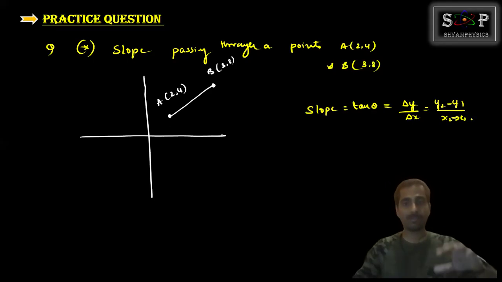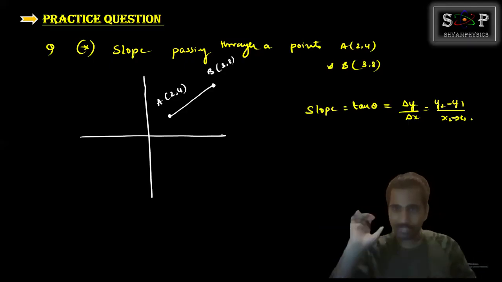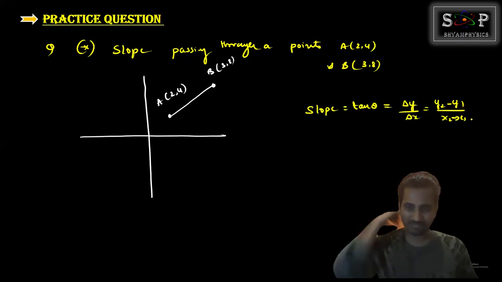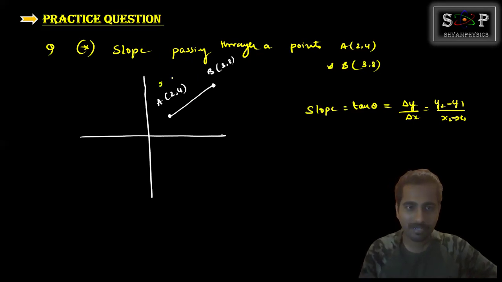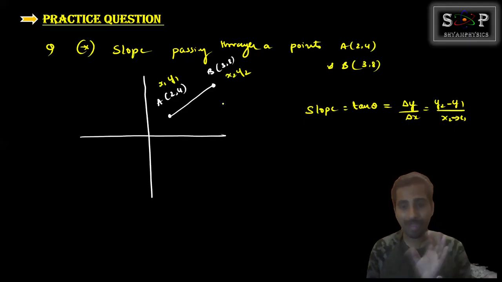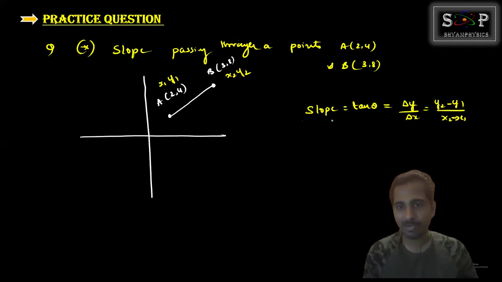Check the pattern in which the question is given, and based on that pattern, choose the formula to calculate the slope. Now it is in terms of x comma y, right? This is x1, y1. This is x2, y2. So you have to choose the correct format. Correct format means we can go with this formula.